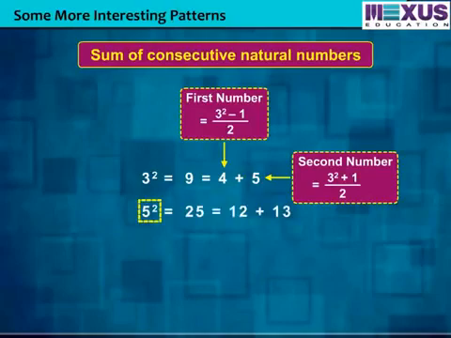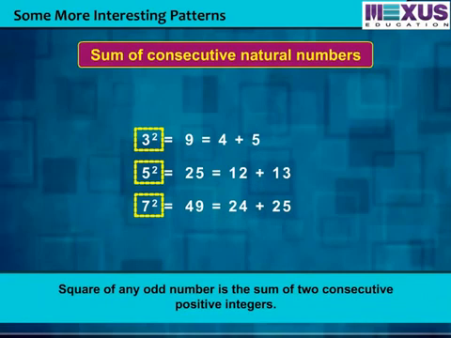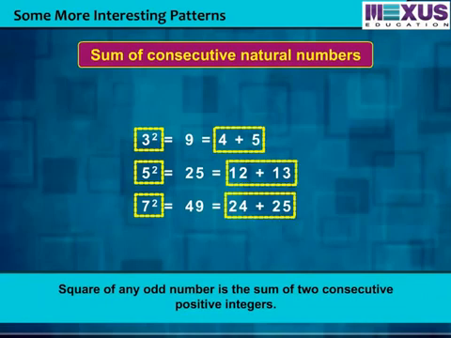Going further, 5 square is equal to 25, and 25 is expressed as the sum of 12 and 13. Similarly, find for 7 square, 8 square, and so on. Therefore, we can say that the square of any odd number is the sum of 2 consecutive positive integers.